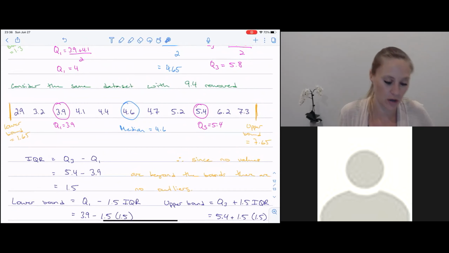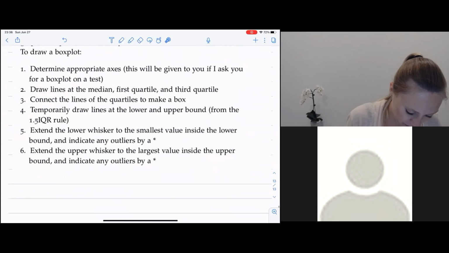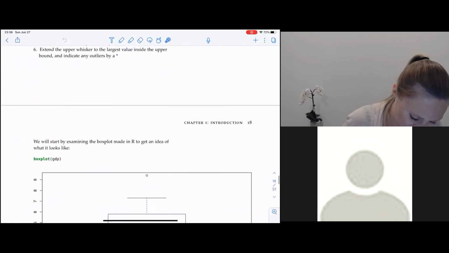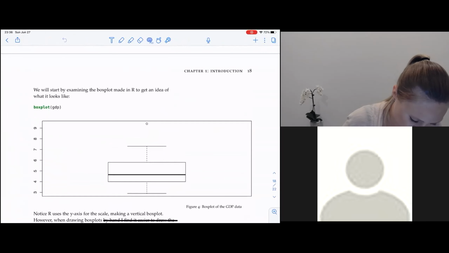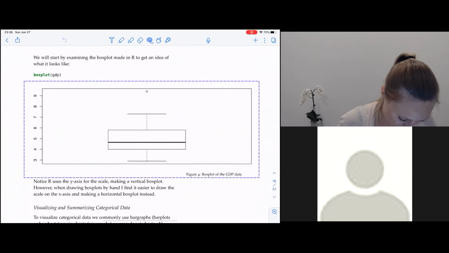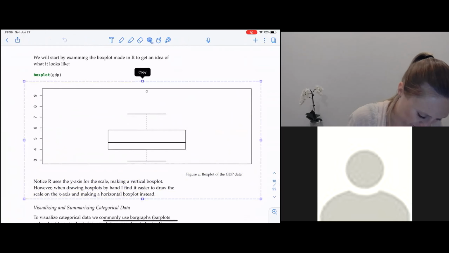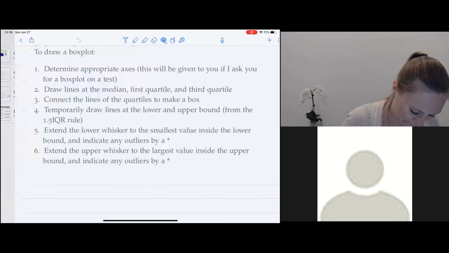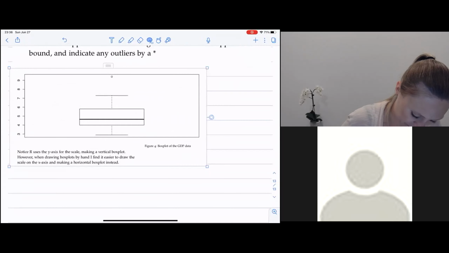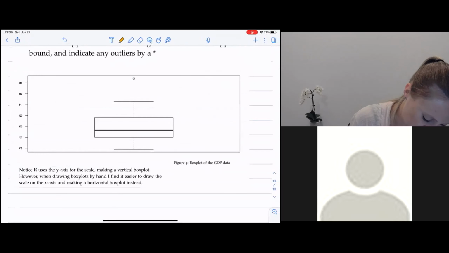So that's where we would draw our whiskers to. Cute, right? Whiskers. Let me bring in the box plot and maybe it'll make more sense. So this is the whisker, and this is a whisker.